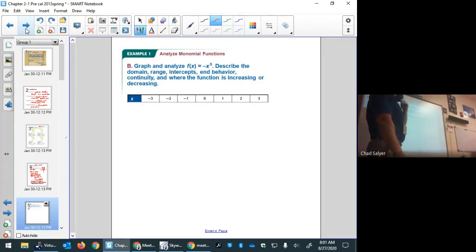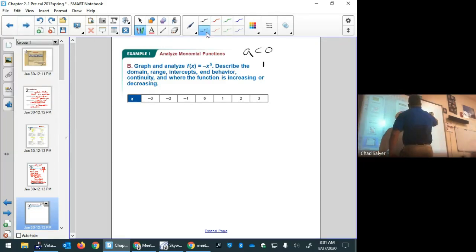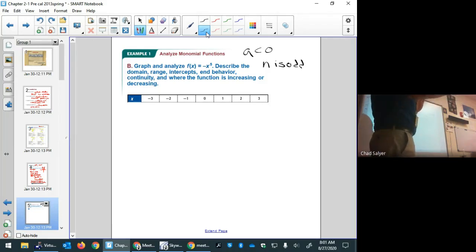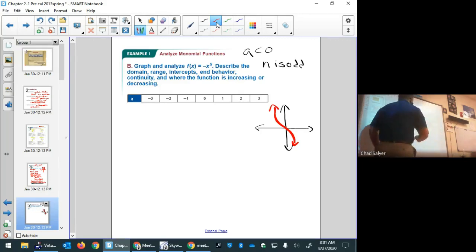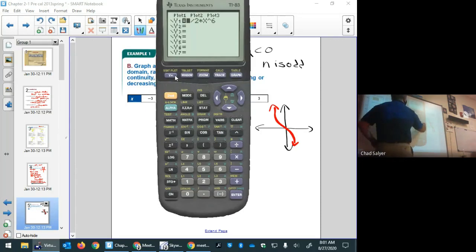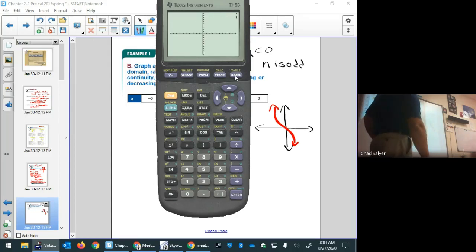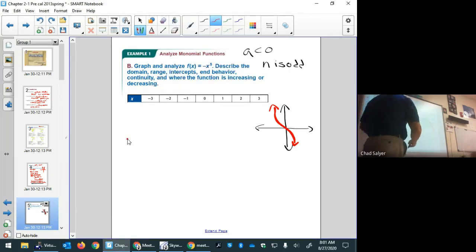So here we've got negative x to the fifth. So in this case, a is less than 0 and n is odd. So this is going to be like that bottom right type of graph. And if I sketch it, and we'll punch it in the calculator, but it's going to look something like this. A little flatter around the origin, but it's not going to impact any of our analysis here.